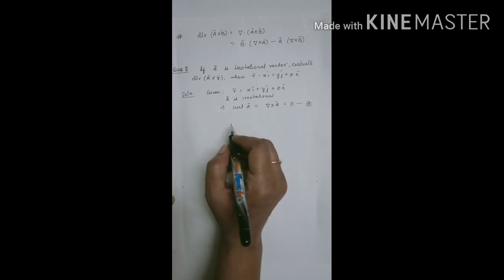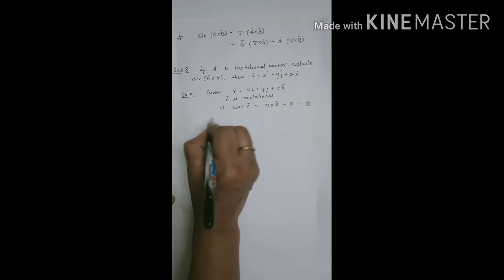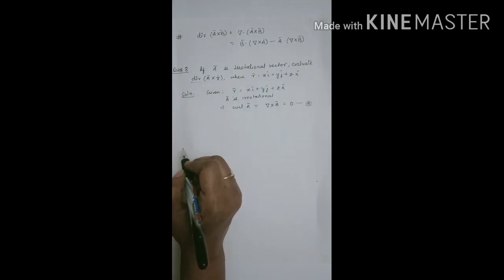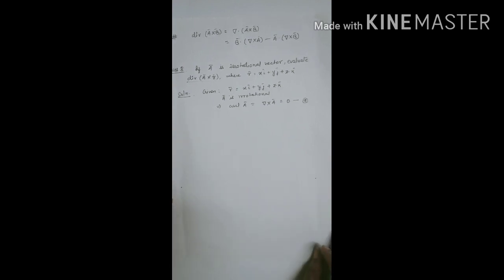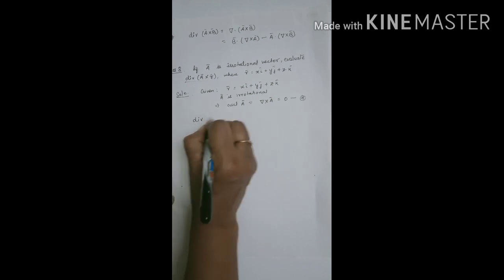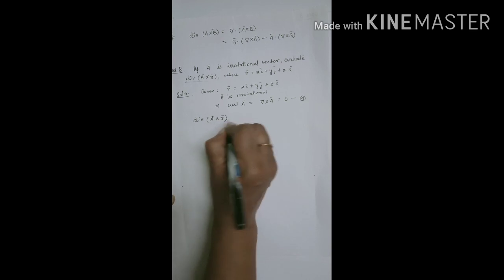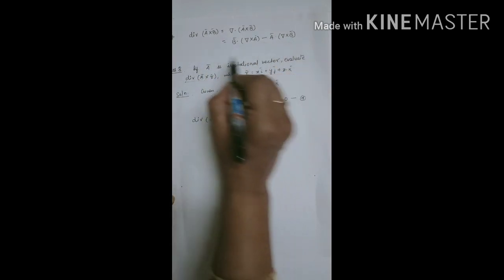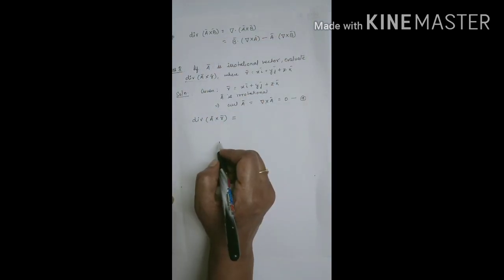So let's find the value of what you have to find: evaluate divergence of A cross R. So divergence of A cross vector R is equal to, we will apply our formula which I have given there. You should know this formula beforehand.